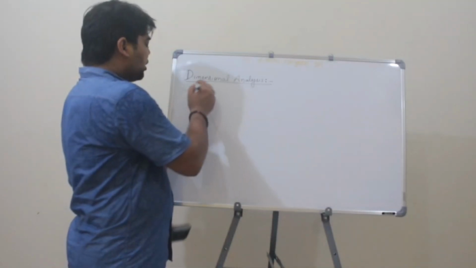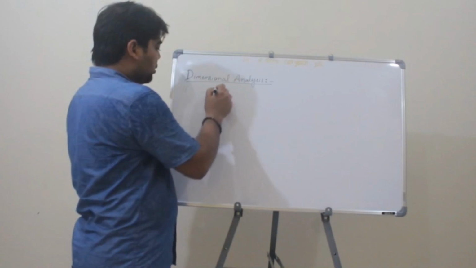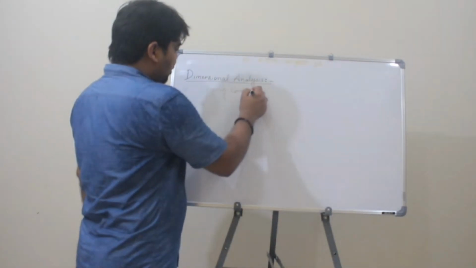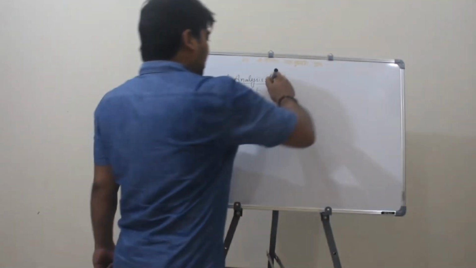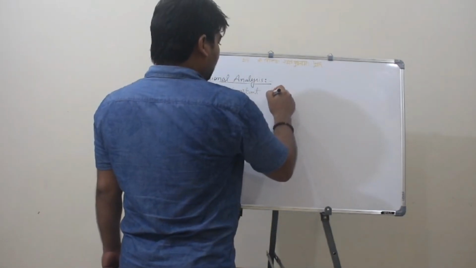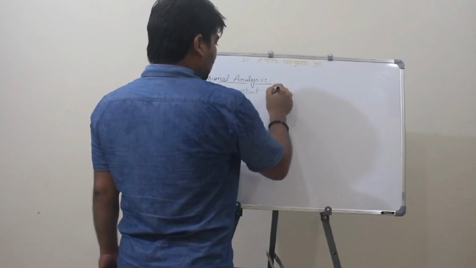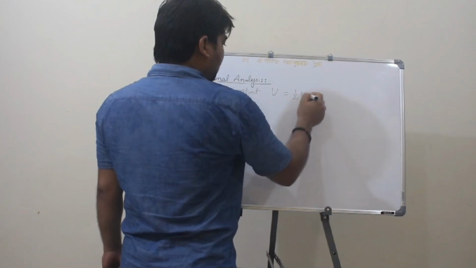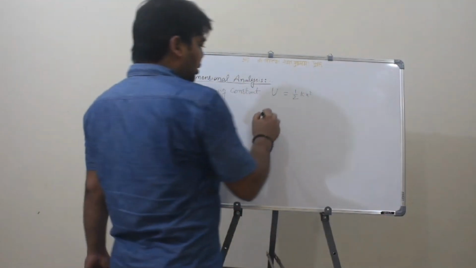Now let us calculate the dimensional formula of spring constant. So how is the spring constant defined? If U is the energy, it is half of k x square. Using this formula, we can calculate the k.